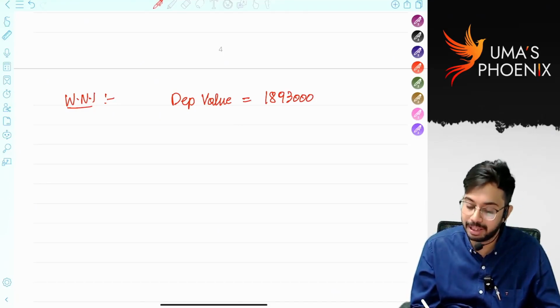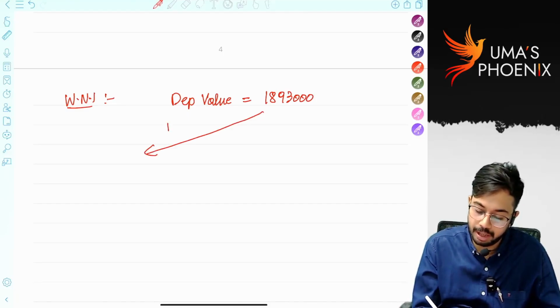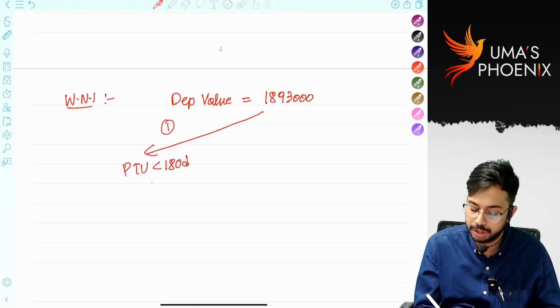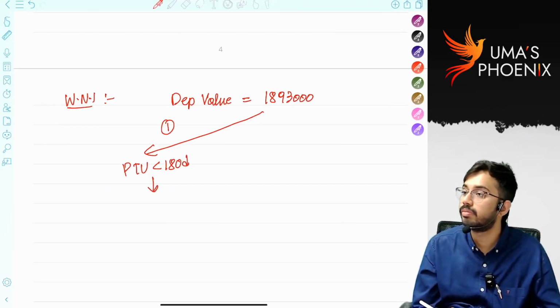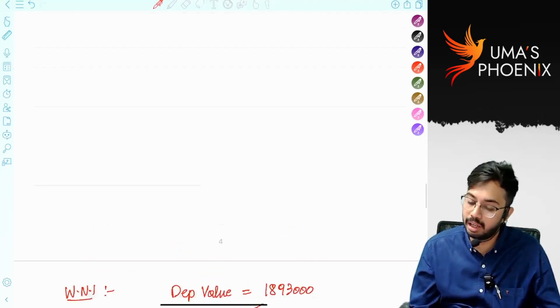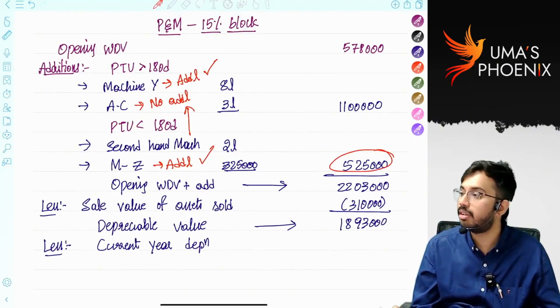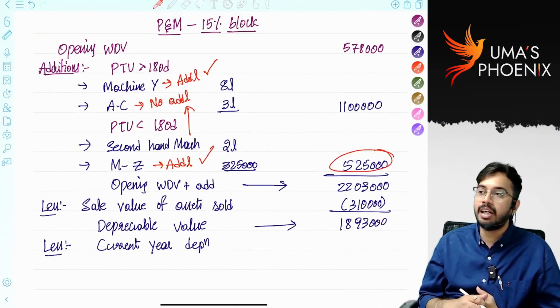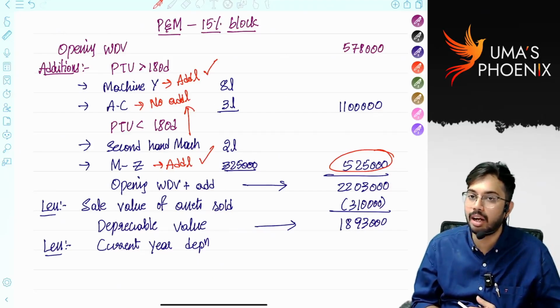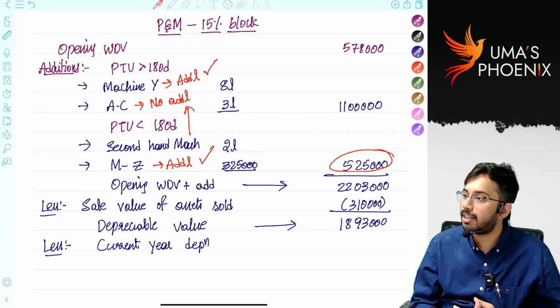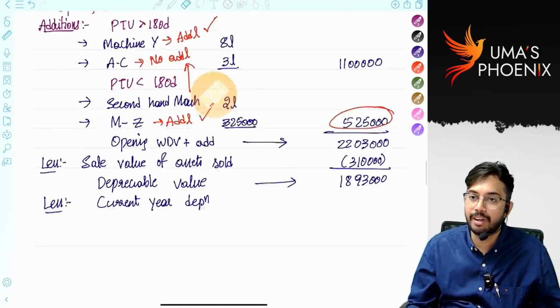Last in first out basis. So first priority should be given to assets put to use for less than 180 days. How much? 5 lakh 25,000, right? Assets put to use less than 180 days.